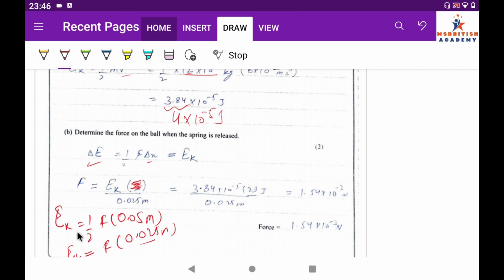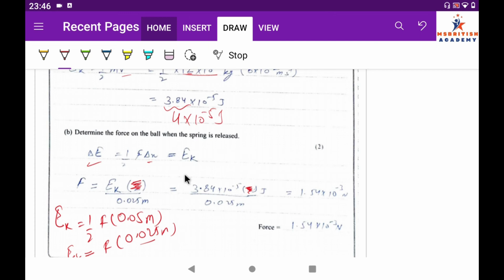Okay, this is our one step. So now we will divide kinetic energy with this. Now it is going to match your answer. Let me calculate.